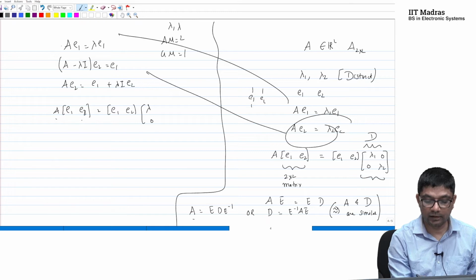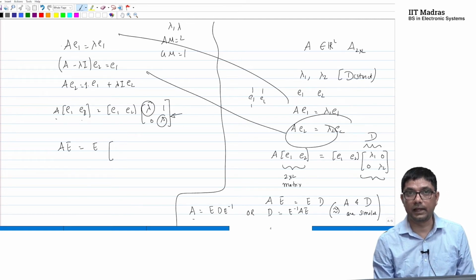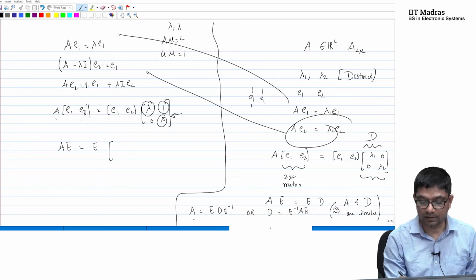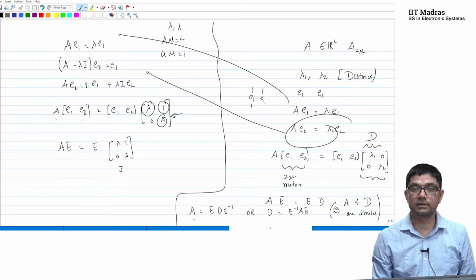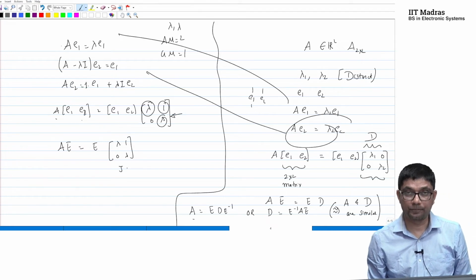Second will be A E2 is 1 times E1 and lambda times E2. Okay, now this is my A, this is my E, this is E, and this is a nice structure. It still has eigenvalues lambda, lambda on the diagonal, but has some 1 sitting here, which is okay, right? So I just have [lambda 1; 0 lambda], and this will now be called J, the Jordan form.